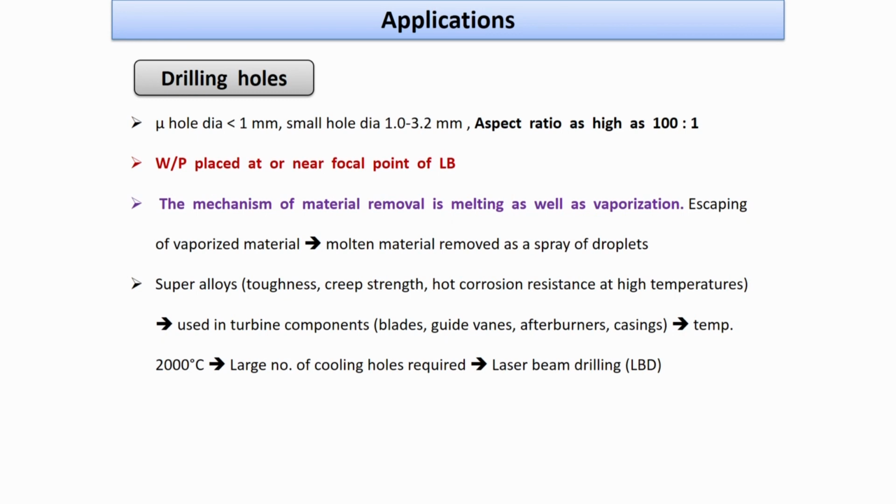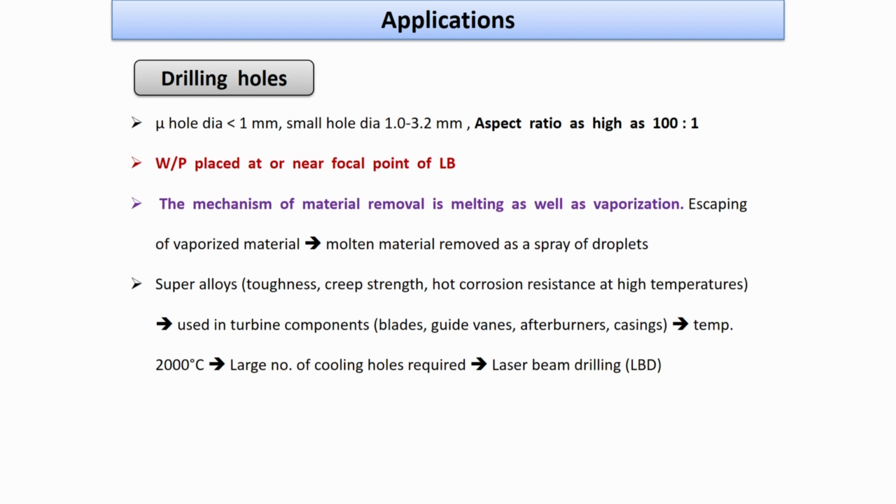Micro holes of diameter less than 1 millimeter can be drilled by this laser beam machining process. Small holes of diameter 1 to 3.2 millimeter with aspect ratio 100:1 can be made by this process. The workpiece is placed at or near the focal point of the laser beam.